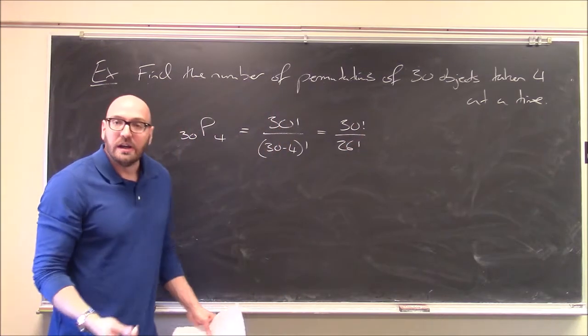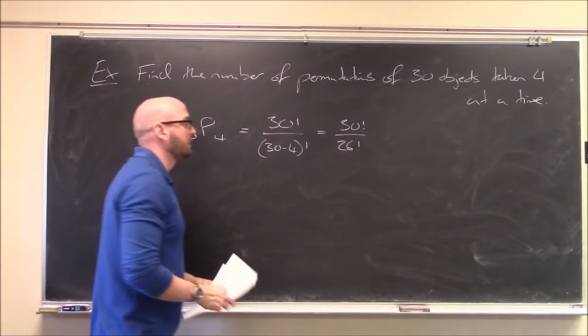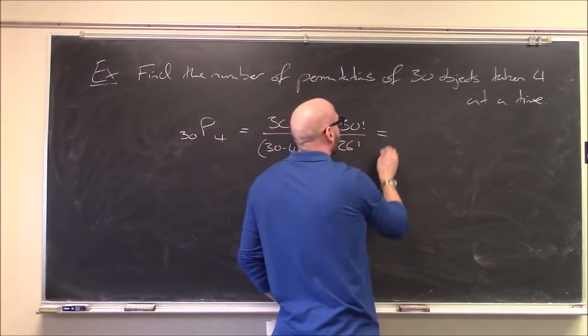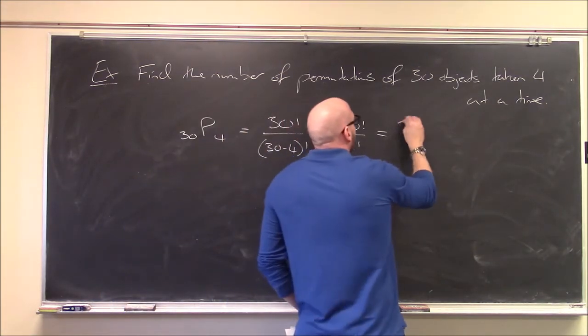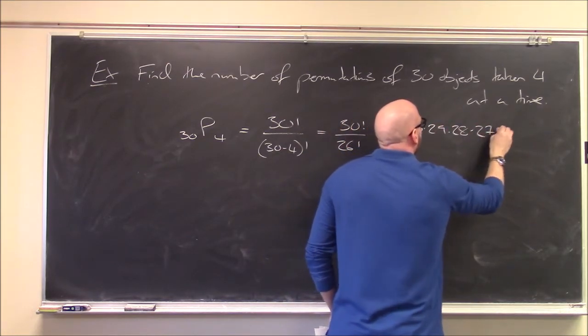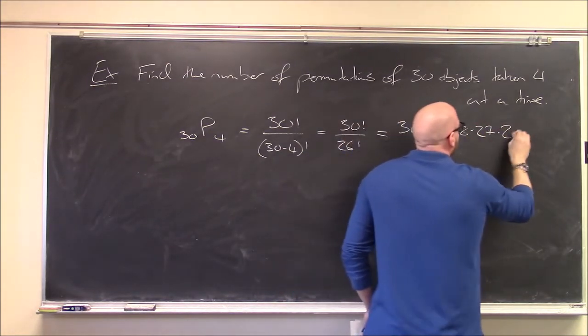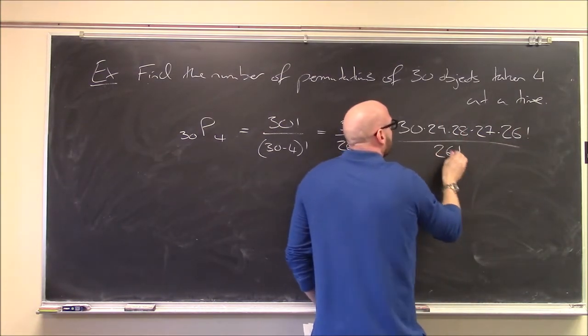And now this is why in the beginning of this section I pointed out that it's really useful to be able to work with factorials and know how to cancel and whatnot, because these types of expressions come up all the time. So we're just going to write this as 30 times 29 times 28 times 27 times, now we're finally down to 26, so we'll stop here, 26 factorial over 26 factorial.